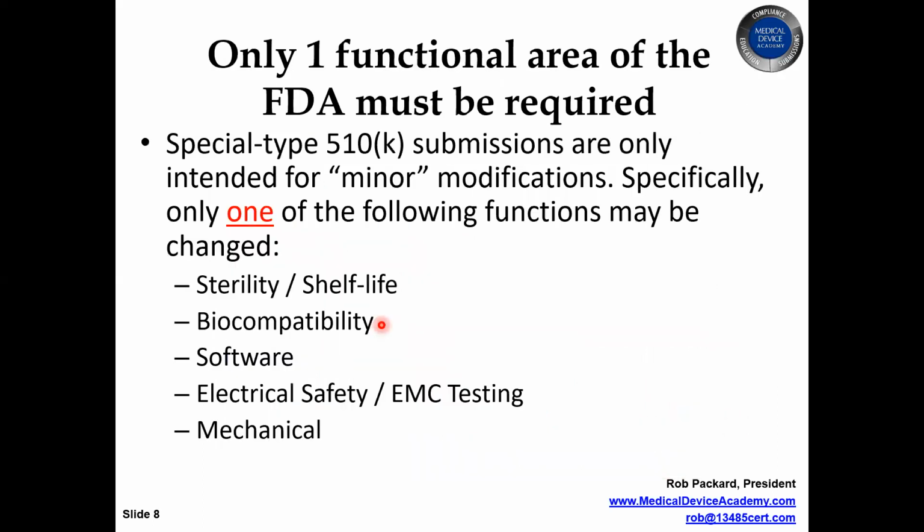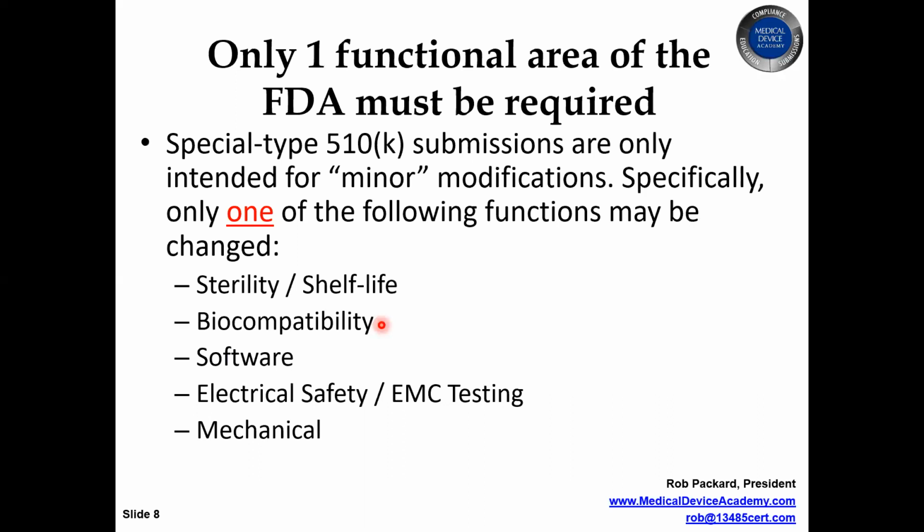Okay, another thing you need to know about 510K submissions that are specials is that the FDA won't allow you to make a bunch of changes to a bunch of functional areas. They only have 30 days to review it, and only 15 of those are for the substantial review. And if they had to consult multiple departments in the Office of Device Evaluations, they just couldn't coordinate all the work and make their decision in 30 days.